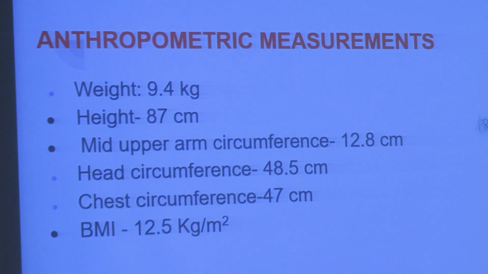But then as the child grows, if there is good nutrition, the chest circumference increases. At 1 year, both become equal, and after 1 year, the chest circumference is more than the head circumference. But if the child has crossed 1 year, but the head circumference is still greater than the chest circumference, means there is malnutrition present.